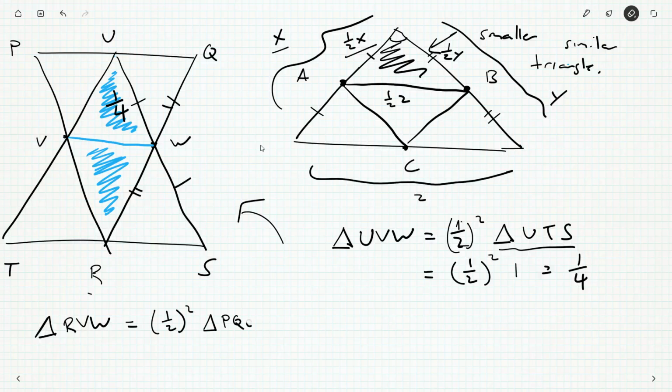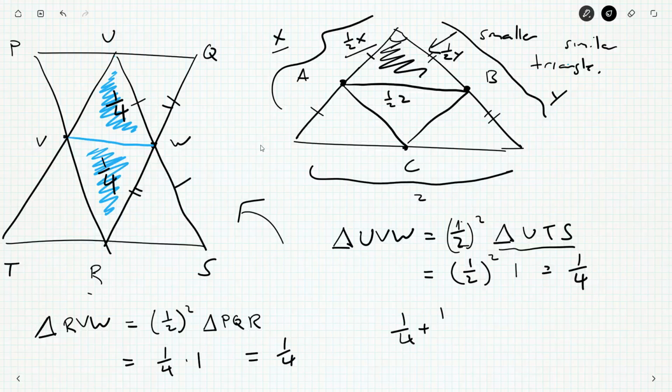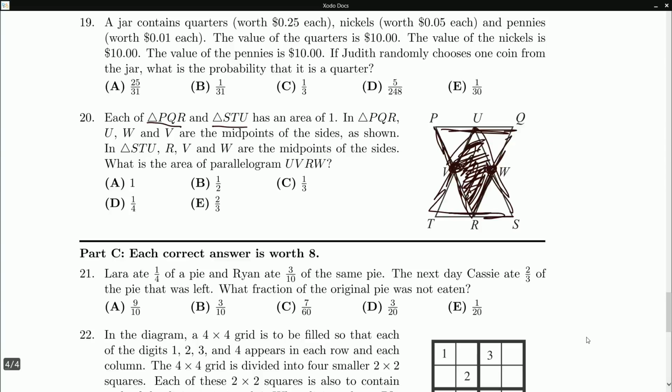But we were told in the question that's an area of 1. So we get 1/4 times 1. So the area here is also 1/4. And now the area of the parallelogram is just going to be the sum of these two areas, 1/4 plus 1/4, or 1/2. I think I saw that as one of the answers. I think it was B. I'm not entirely sure. Yeah, it was B.